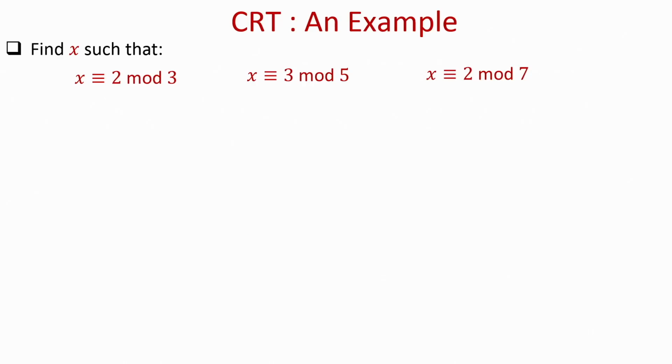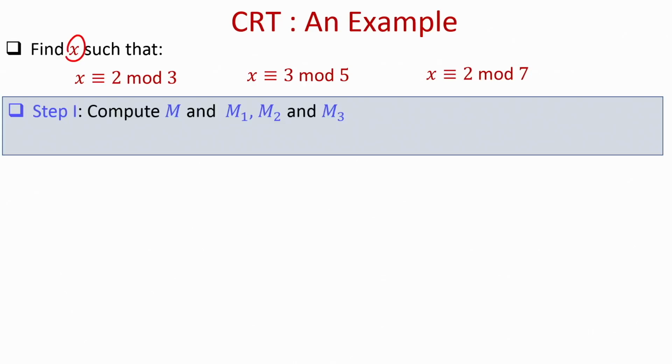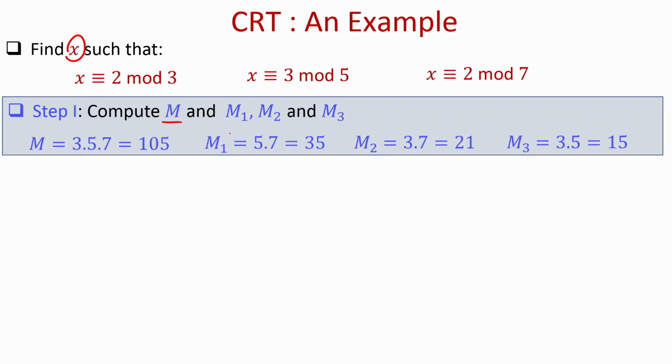So, now let us see an example for the Chinese remainder theorem. Say we want to find out this unknown x satisfying this system of linear congruences. So, we will find out the bigger modulus and the small moduluses. The bigger modulus will be the product of 3, 5, 7, and you can see small m1 is 3, small m2 is 5, small m3 is 7, and a1 is 2, a2 is 3, and a3 is 2.